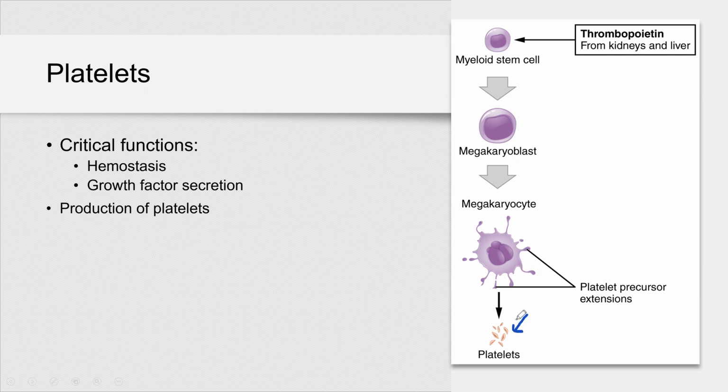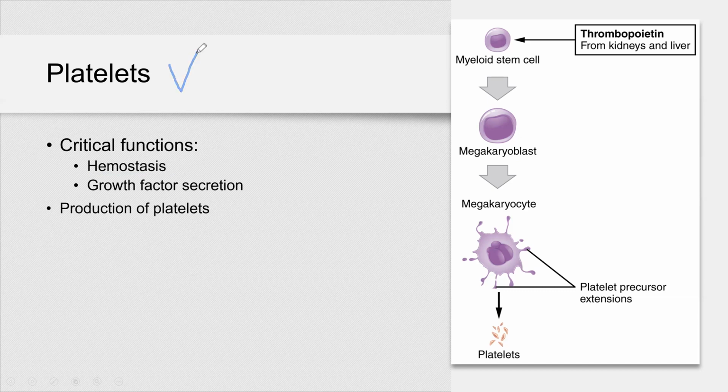Now, platelets are critical for hemostasis. Hemostasis means blood stop. So when you cut yourself, you need to stop bleeding. That process of stopping bleeding and losing blood is called hemostasis.